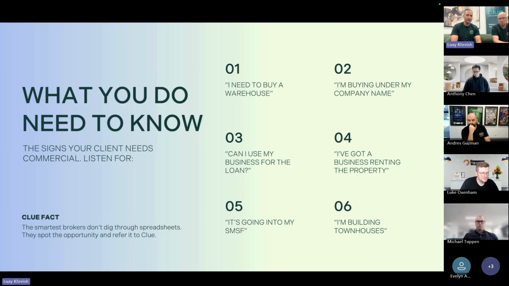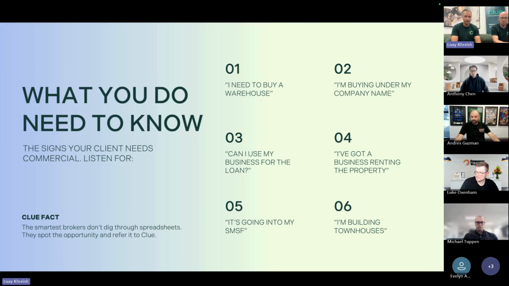Sometimes clients will ask you questions that they should probably ask their accountant, but it might give you an idea of what they're trying to achieve and whether it's got a commercial or residential flavour. I've got a business renting the property. It's quite clear there. Even if it was a business renting a residential property, it might be an accountant using a suburban practice in an existing home, or a physiotherapist in a residential property.